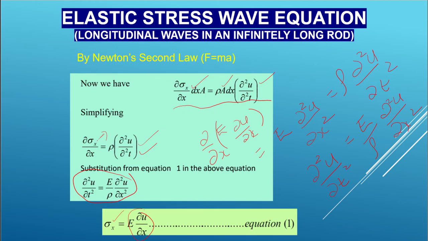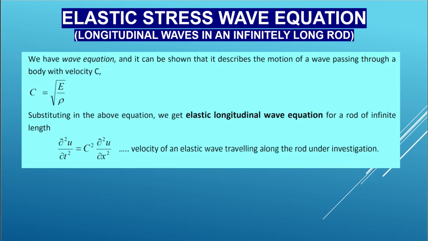So definitely if we can relate E by rho with velocity of sound, it will be good. E by rho is related to velocity of sound using this expression: C equal to root of E by rho. So substituting that, we will get dou square u by dou t square equal to C square into dou square u by dou x square. And this is called the elastic longitudinal wave equation for a rod of infinite length.